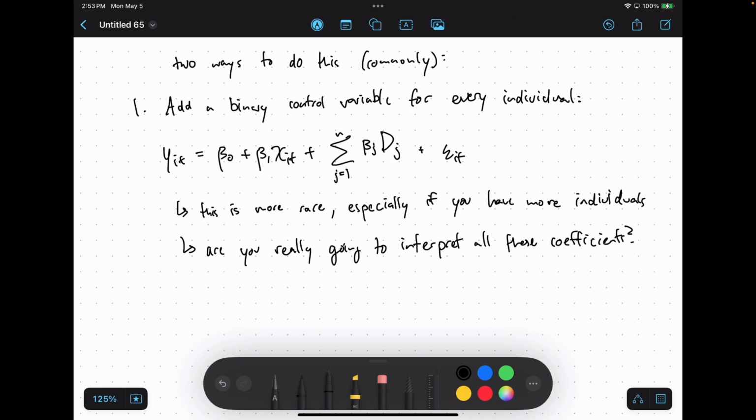If you have like 1,000 individuals, are you really going to say something about how each individual has some related outcome on your weight? That's probably not really relevant to what you're trying to study. So the idea is more that the individuals are acting as controls. We don't care so much about the effects of the controls. And also it creates a pretty messy model when you've got a lot of dummies. Okay?